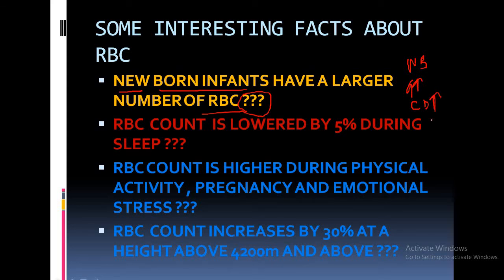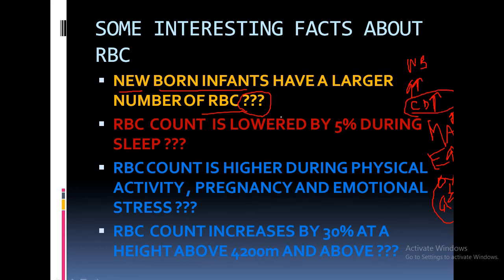To maintain that rate of cell division, the cell has to grow fast, so the rate of metabolic activities will also be high. When the rate of metabolic activities is high, the requirement of energy will be more, and there will be more requirement of oxygen and glucose. That is why there should be more RBC to fulfill these requirements for all the cells for the increased cell division.